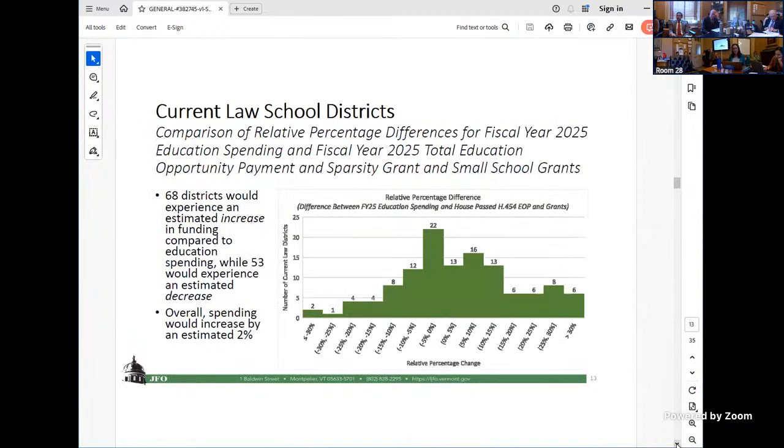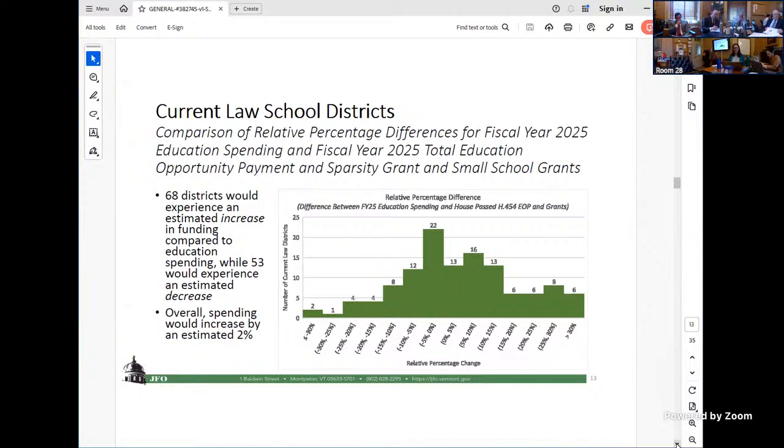I did all of this analysis, so I said, under the current governance structure, how much would each of the current law school districts receive from an education opportunity payment, sparsity grants and small school grants compared to what their FY25 education spending was?